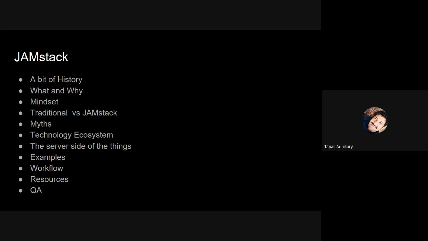It's important to clarify those because a few misconceptions got built. Then we'll talk about the technology ecosystem. We'll also talk about the server side of things in Jamstack, and then we'll run through a few examples. I'll talk about the workflow, how things happen, and at the end of the slides, I have a few resources that I have curated and try to follow and go to whenever there is a need. I posted those as well, and we'll also go through some question answers.